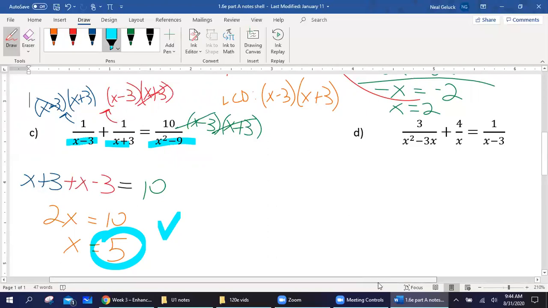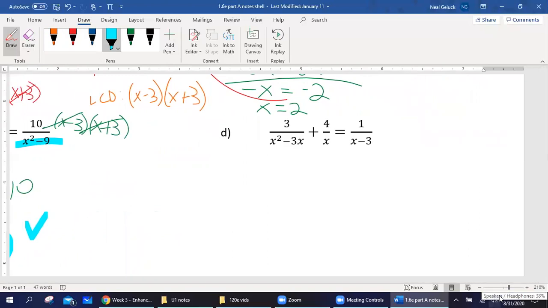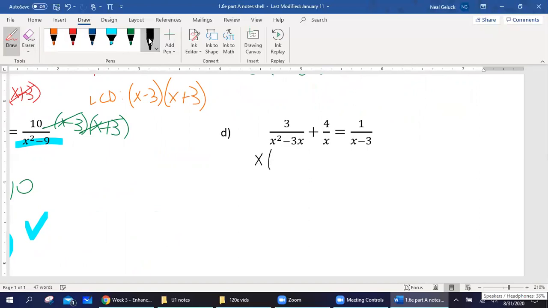For letter D, again, if something looks like it can factor, we probably should factor it. In this case, in the x squared minus 3x, I can bring out a GCF of x. And so I change that denominator. And conveniently, I can see that those are the other factors in the other denominators. So that means my LCD is x times x minus 3.